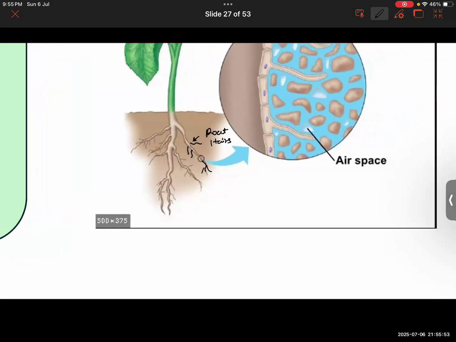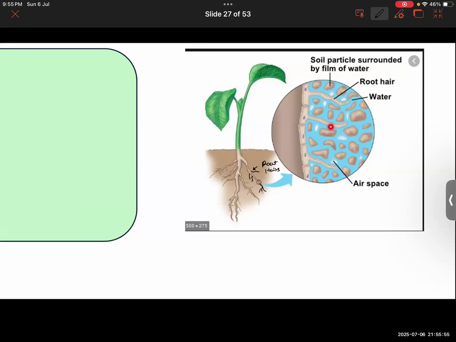Further, as we know, there are air spaces between the soil particles. This is the root hair. The brown particles that you're seeing are the soil particles, and the blue is water, and these are the air spaces.